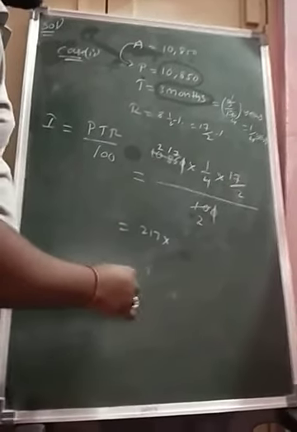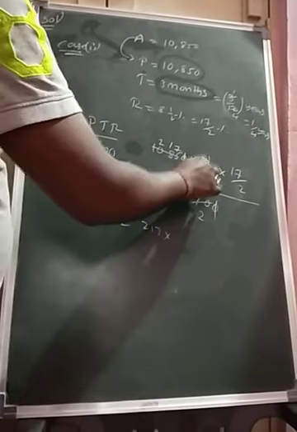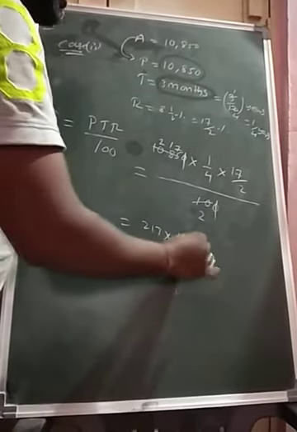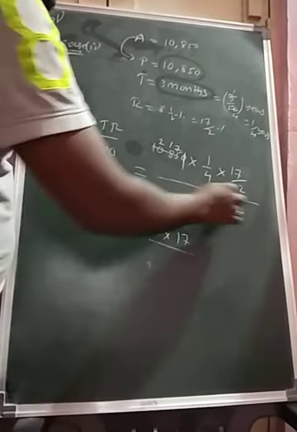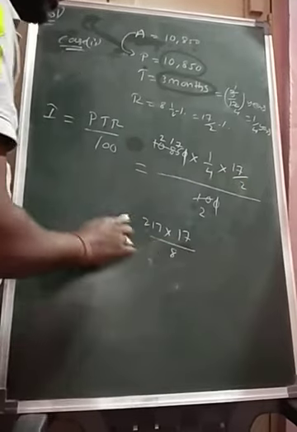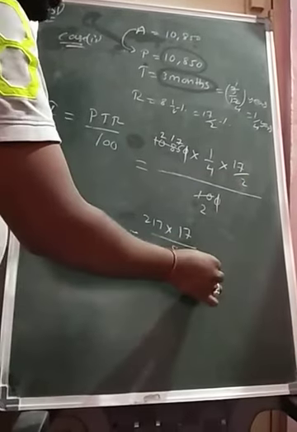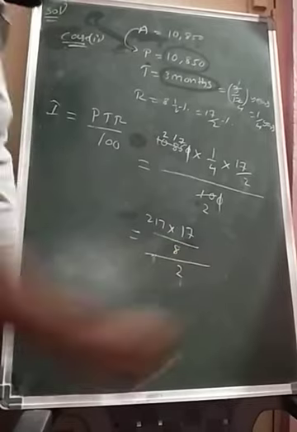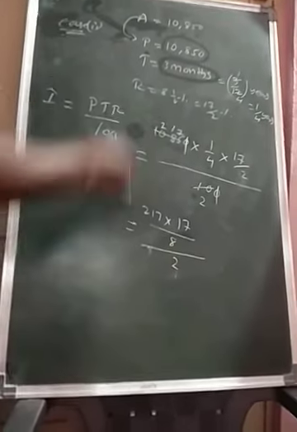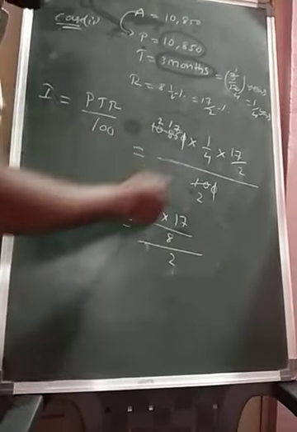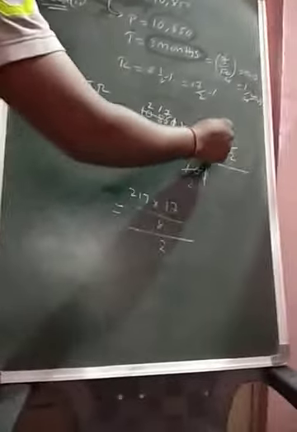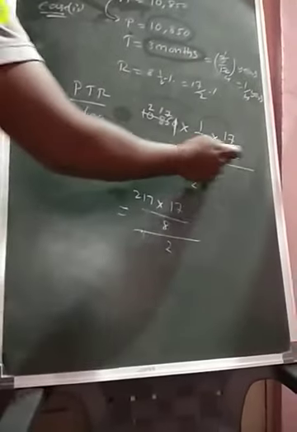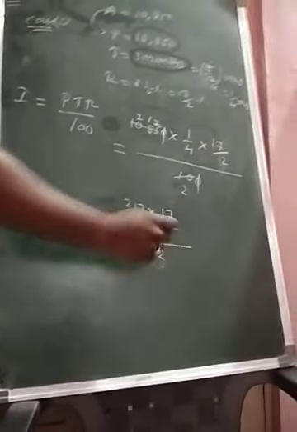217 into 1 into 17 means 17 by 4 2s are 8 by 2. Is it clear, students? 217, 1 into 17 means 17, by down 4 2s are 8, by 2.